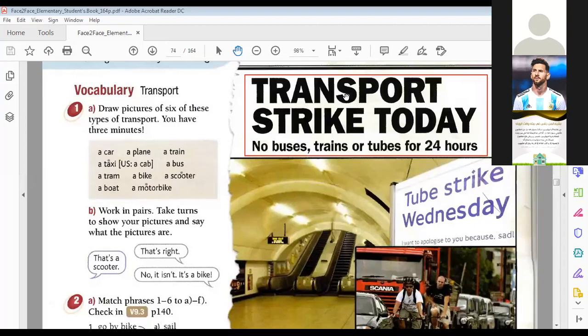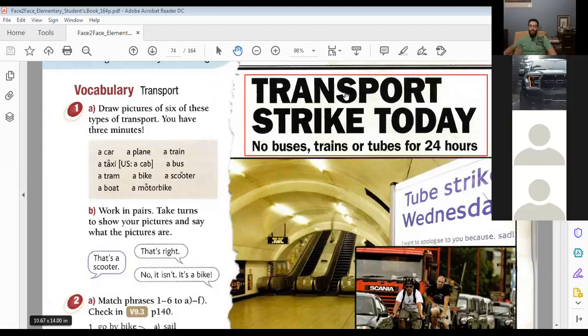Maybe they're worried because of the coronavirus. Maybe they have some kind of anxiety, so they don't want to work. So they go on strike, right? Maybe the rent is very expensive. Yes. I don't know if you mean the rent of their houses, maybe. Maybe you mean they don't pay them enough money, right? Yes.